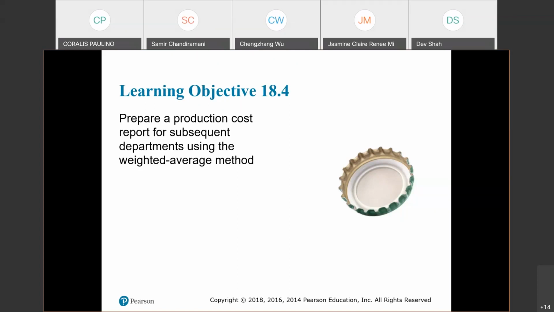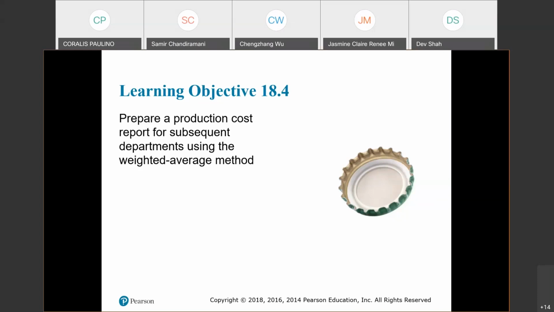But the remaining part is incomplete parts left in the process line at the end of the accounting period.